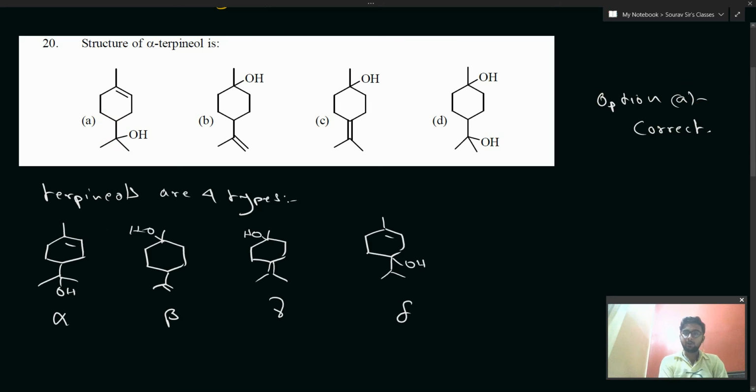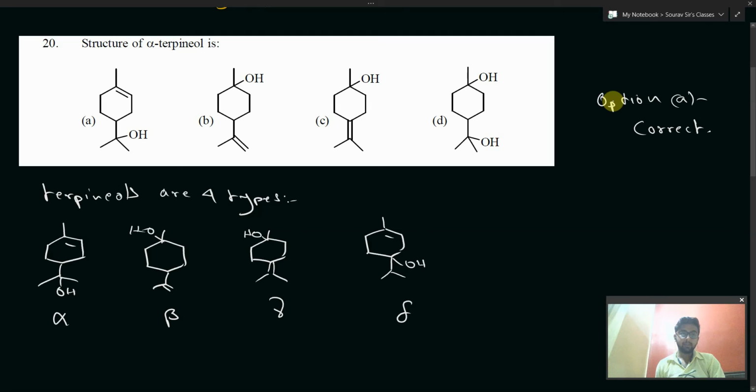Now we won't be stopping our discussion on terpineols over here. I have mentioned alpha, beta, and gamma terpineols because they have a tendency to be rearranged in some cases. Let me draw those structures for you.